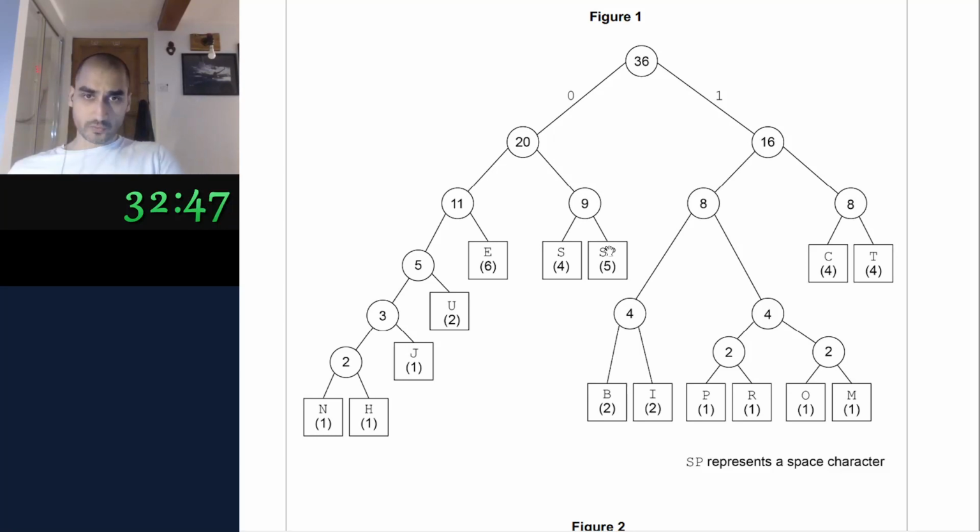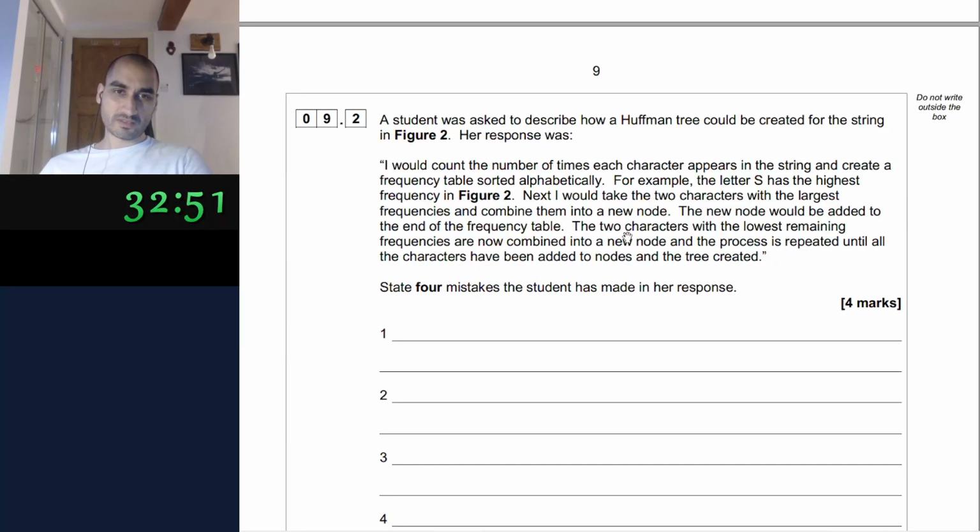So you don't start from the root, you start from the... Let's assume she's right. The new node would be added to the end of the frequency table. Agreed.